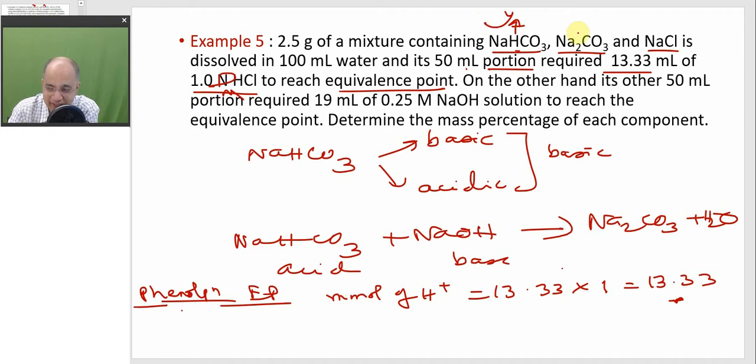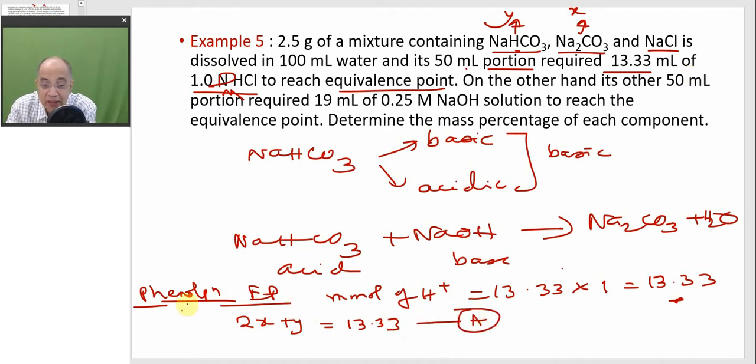Supposing this is y, we have been doing x for sodium carbonate, and this is x. Sodium chloride is an impurity. So in this complete reaction, you are getting 2x, that is x for the first half plus x for the second half. So 2x plus y is equal to 13.33, right? So you get one equation, A.